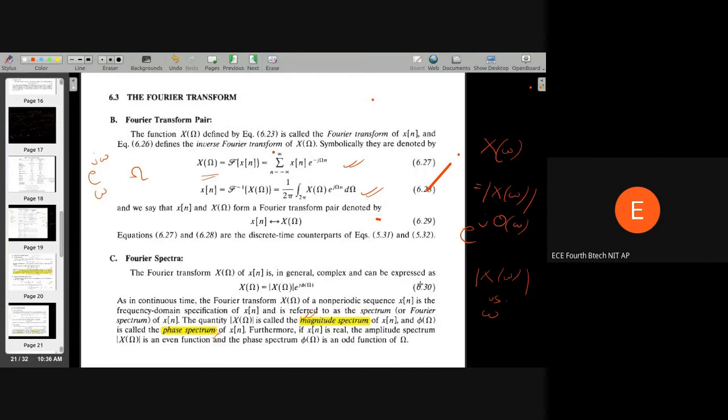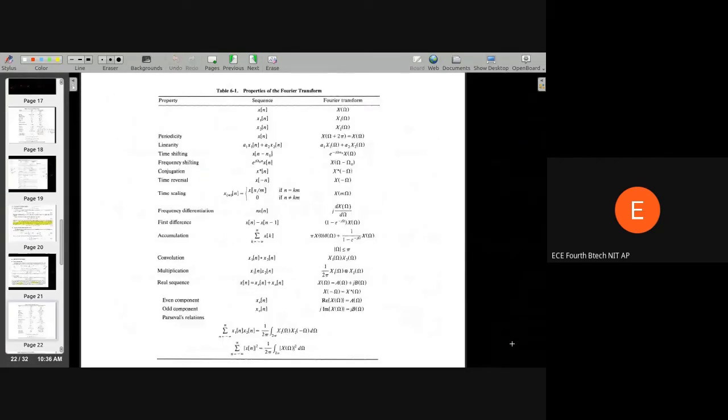If you plot theta of omega versus omega, that becomes your phase spectrum. Once again, all these properties I expect you to go through. You must know that in discrete signals, omega, your angular frequency, is not continuous. It has a period of 2 pi. That's an important thing to know.